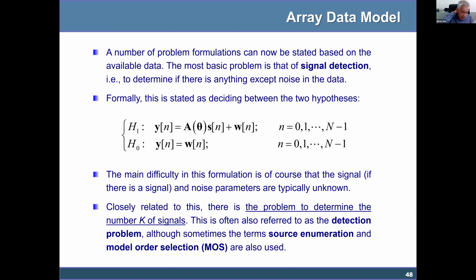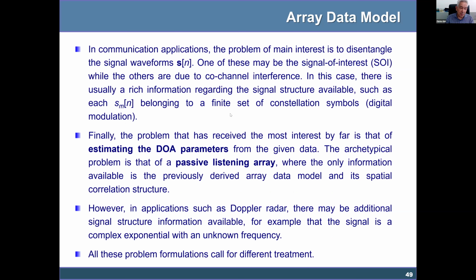Let's assume that we have applied one method: we give the data to this method, and the output is an estimate of K. At that point, we want to estimate the K directions of arrival, and we want to separate the signals generated by the K different sources, or we want to estimate the parameters of the K targets: the range of each target, the radial speed of each target, and so on.